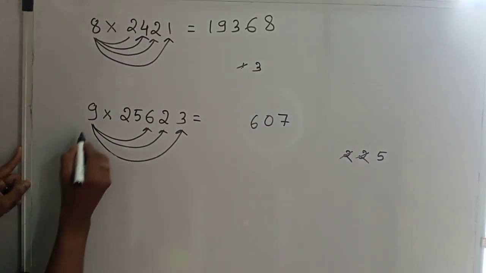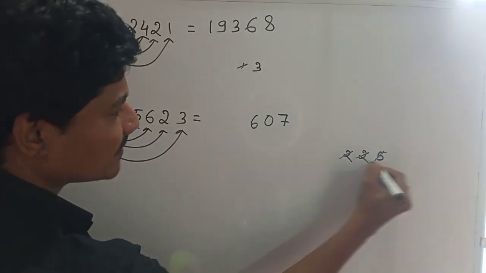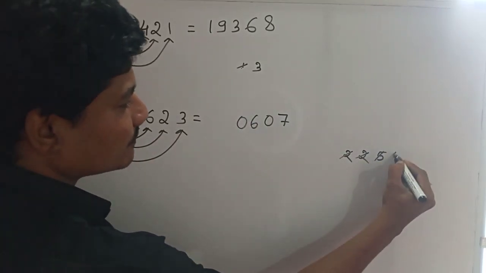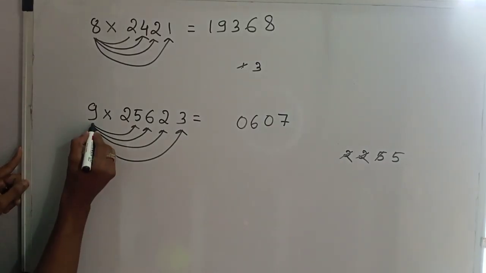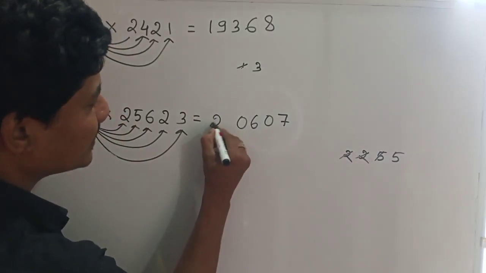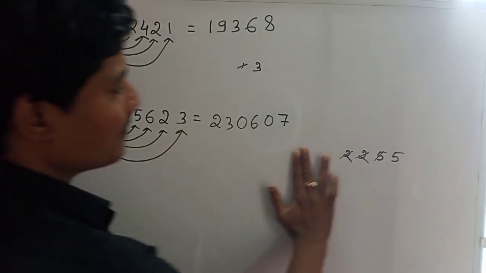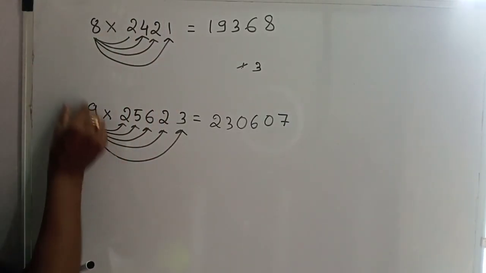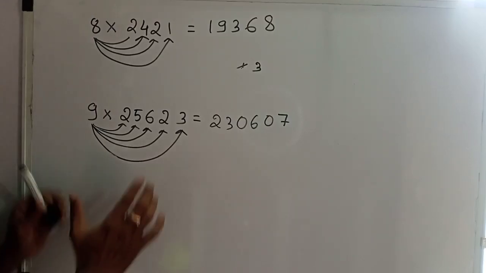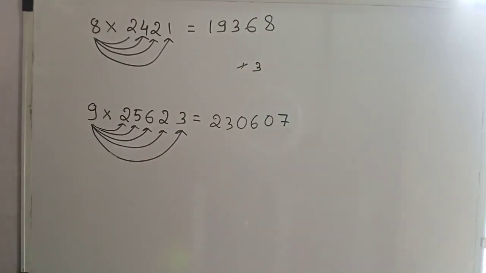Carry 5. 9 5s are 45. 45 plus 5, 50. Carry 5. 9 2s are 18. 18 plus 5, 23. That is the answer. 2,30,607 is the answer. This is how we will get the answer in one step.